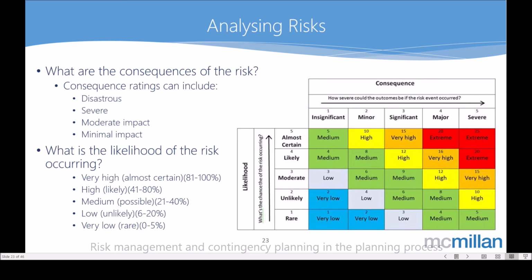However, if you think the likelihood is almost certain, so we're talking about a specific supplier here, and this supplier has been really unreliable, so we're concerned about their inability to deliver on their commitments as part of our plan, and we think it's almost certain because they've been unreliable in the past.